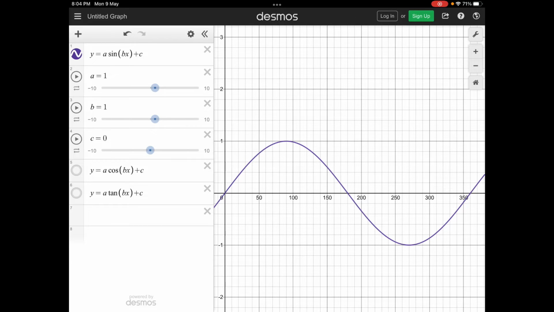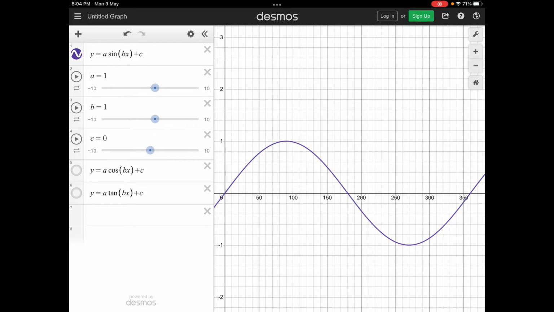As you can see, it starts at 0, rises to 1 at 90 degrees, down to 0 at 180, and finishes at 360 degrees. So the first transformation we're going to look at is what happens when we change the value in front of the sine itself, right?